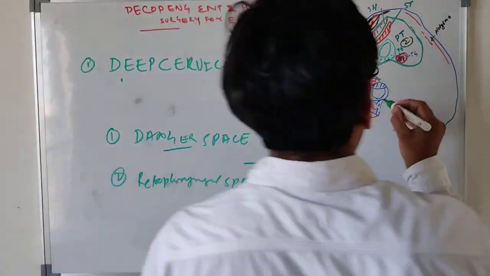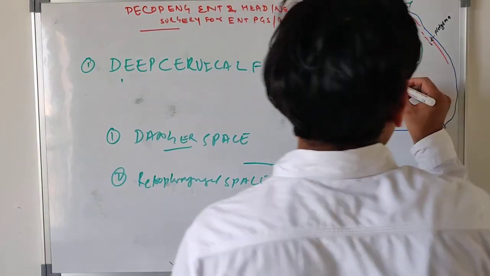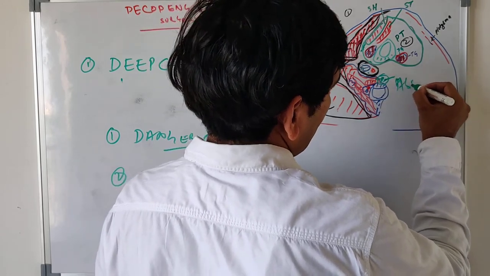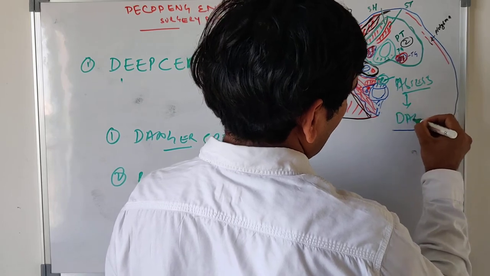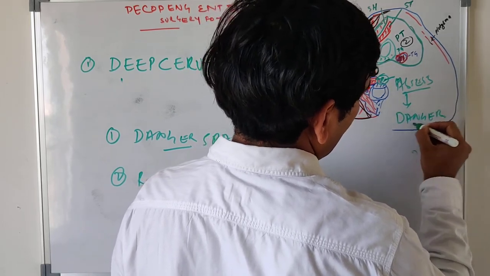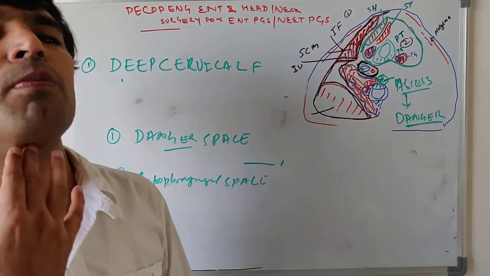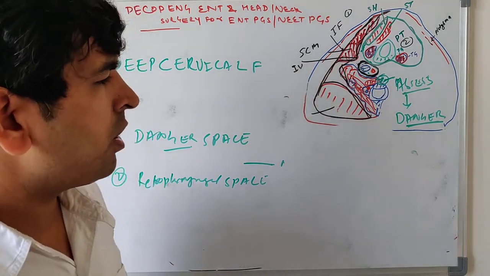If you see any midline swelling or abscess, it is always in the danger space, because it has an extension exactly in the midline from the skull base to the T4 vertebra.